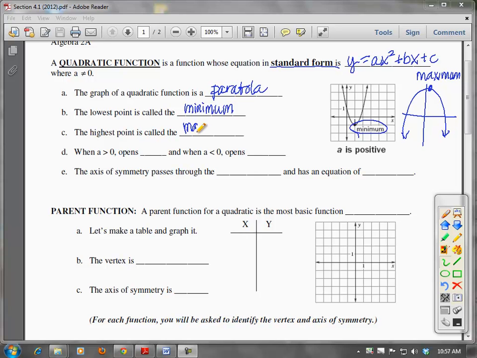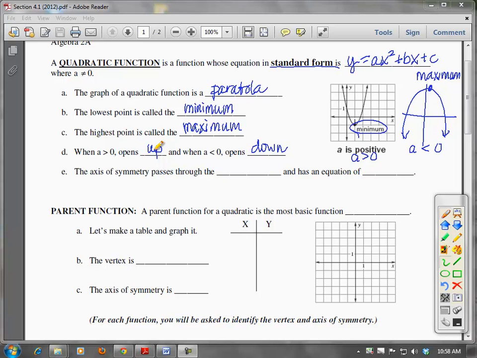And we can see a maximum when the a value is negative, which means it's less than 0. If a is less than 0, the graph opens down. If a is greater than 0 or positive, our graph will open up.